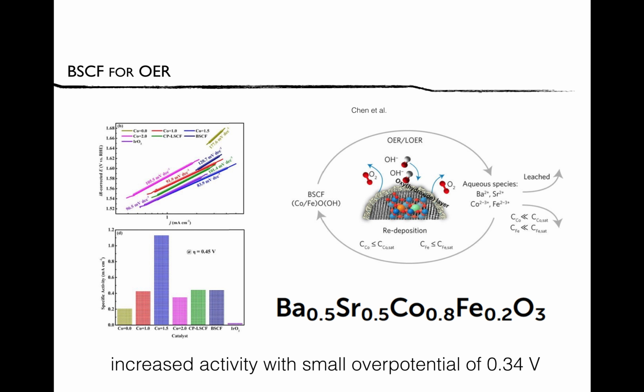It's going to be high level electronic details, but Suntivich and their colleagues predicted through the systematic examination that BSCF owes this high OER catalyzing activity to the 3D electron occupancy which the OER reaction requires, and it also exhibits high covalency amongst the transition metal oxide bonds, and this is why there's an enhancement in the activity.